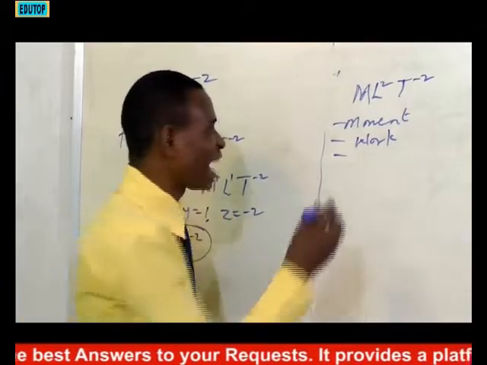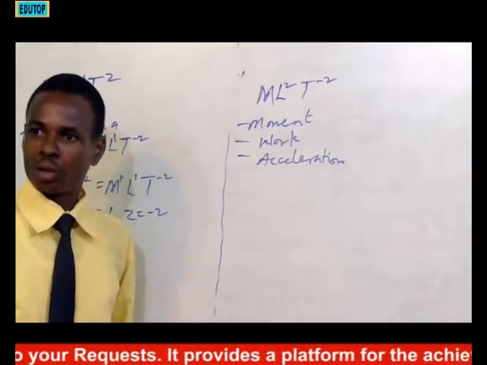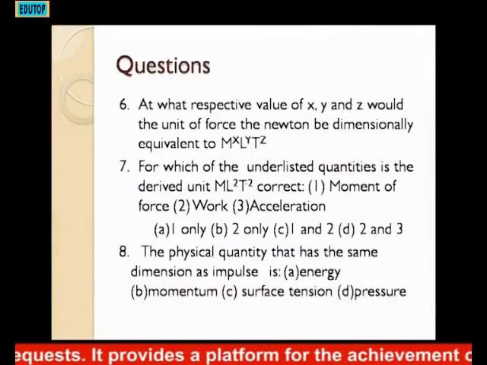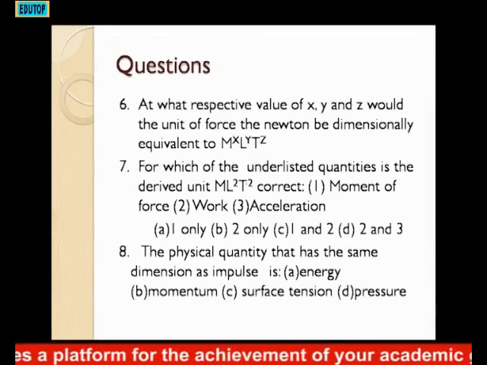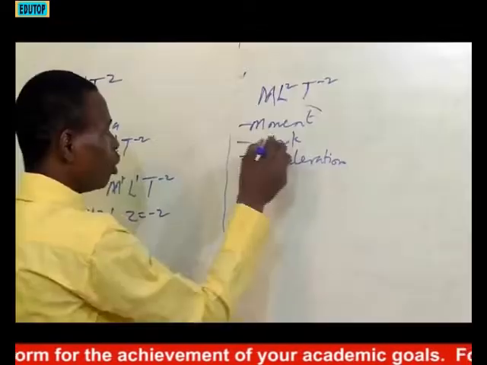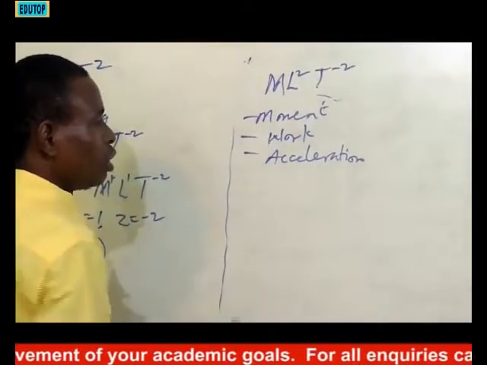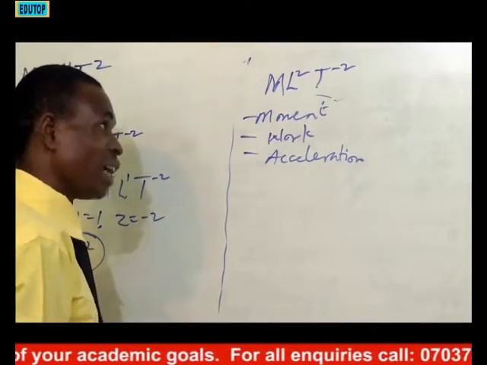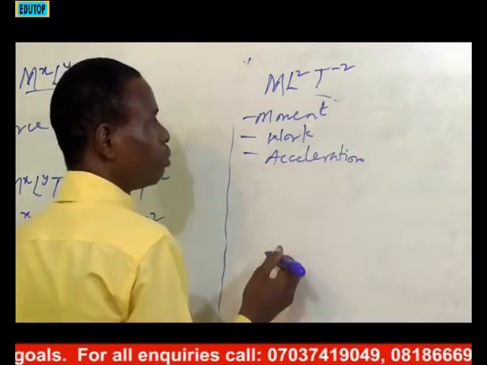Another one is acceleration. We are not given the option. We are given options A, B, C, and D. They said, which of these will have this dimension? What I am going to do is quickly find the dimension of each of them.